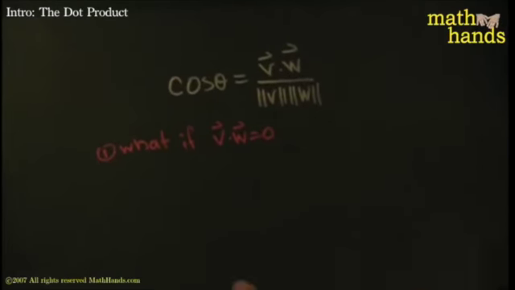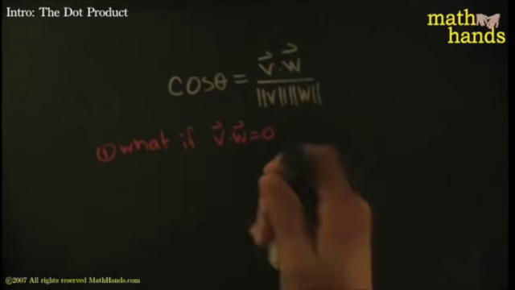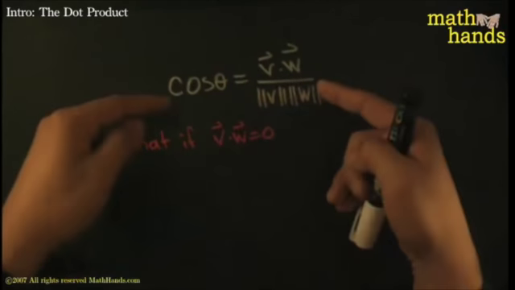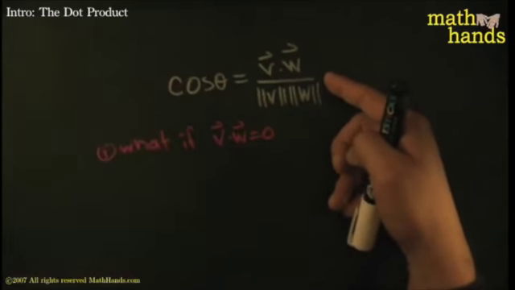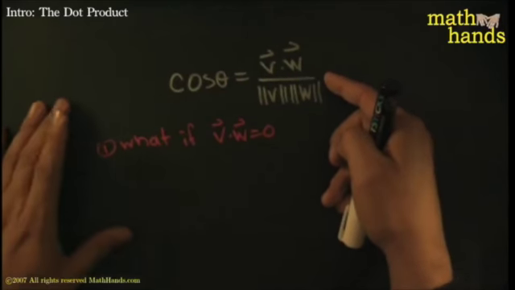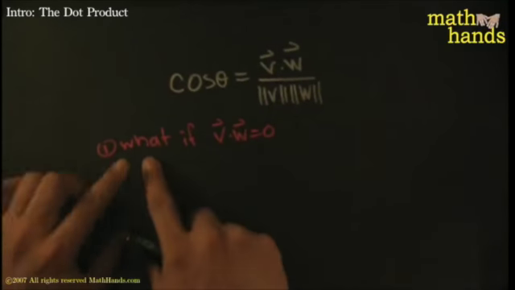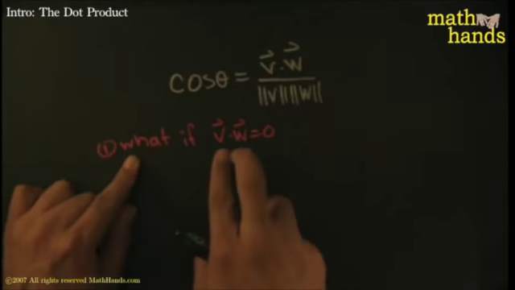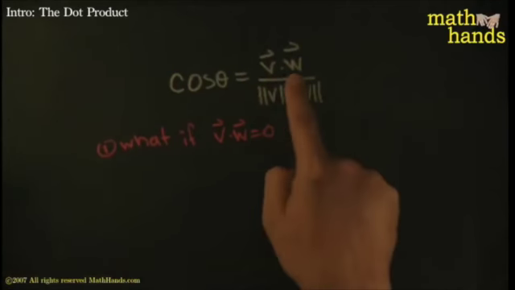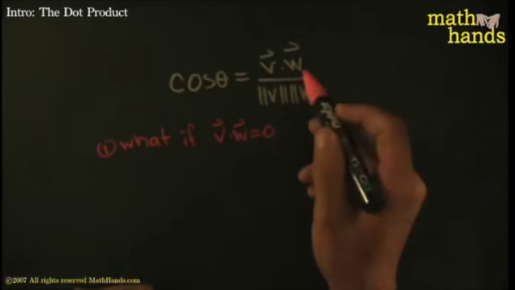And on the bottom, I need the size of V, which will be the square root of 2 squared plus 5 squared, so it'll be the square root of 4 plus 25. And the size for this one will be equal to the square root of 49 plus 1.